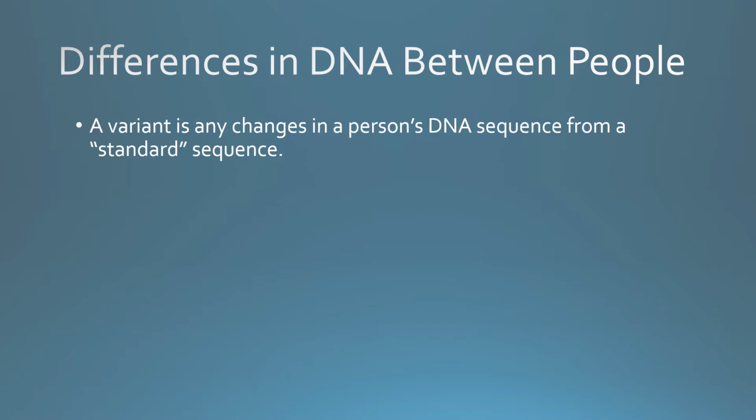And a variant just means any change in a particular person's DNA from a quote-unquote standard sequence. We all have DNA variants. Now, for most of the time, the variant doesn't really cause a problem. It just makes us different than someone else. And in that case, it's called a polymorphism.